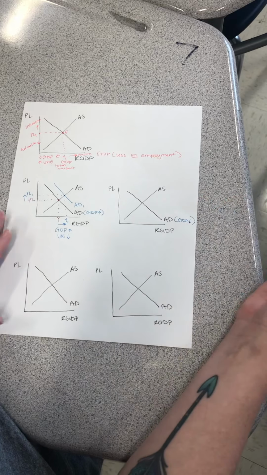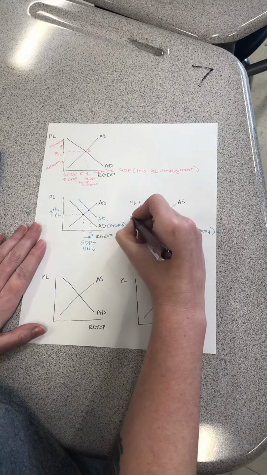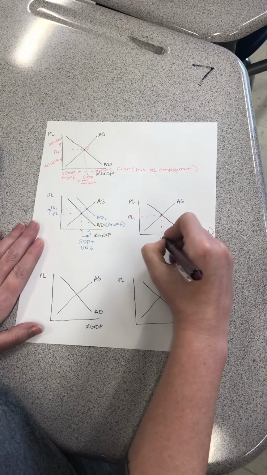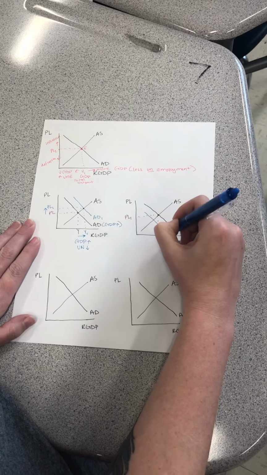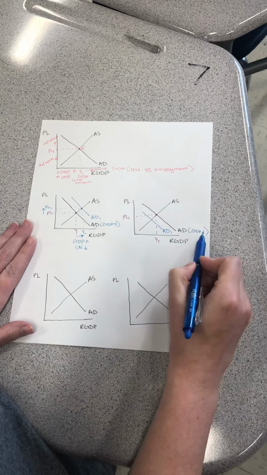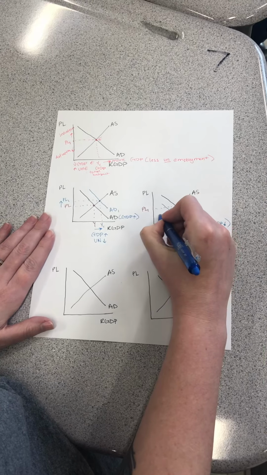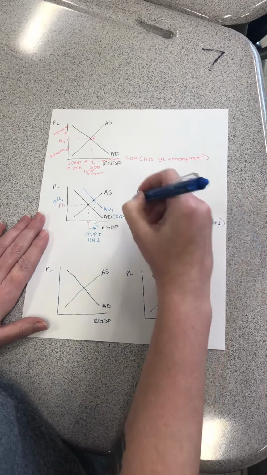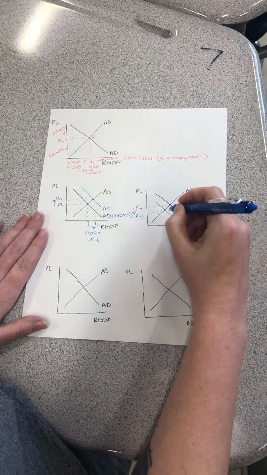So let's say the government cuts spending. If we have our initial equilibrium, price level 1, output 1. So now, AD1. GDP has decreased, so aggregate demand has decreased and shifted to the left. At the new equilibrium, PL1, you can see that the price level has dropped. We are having a little bit of deflation in the economy.